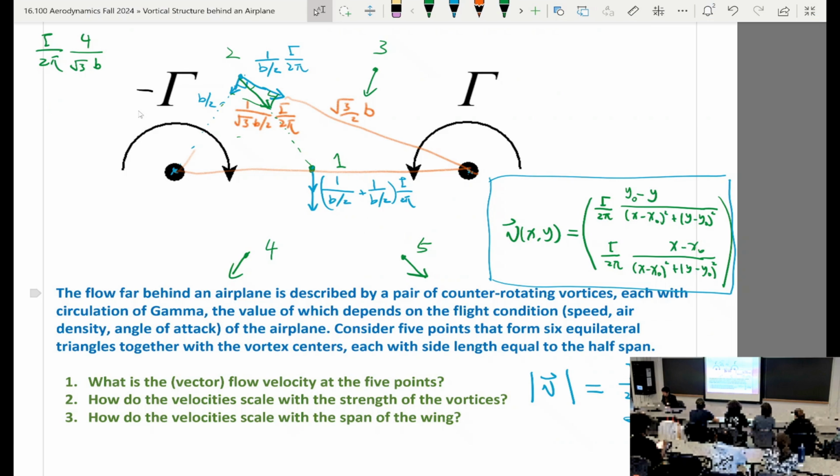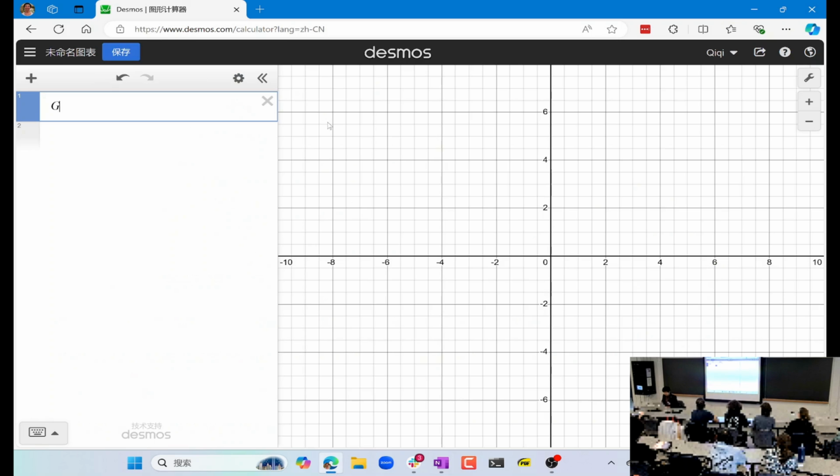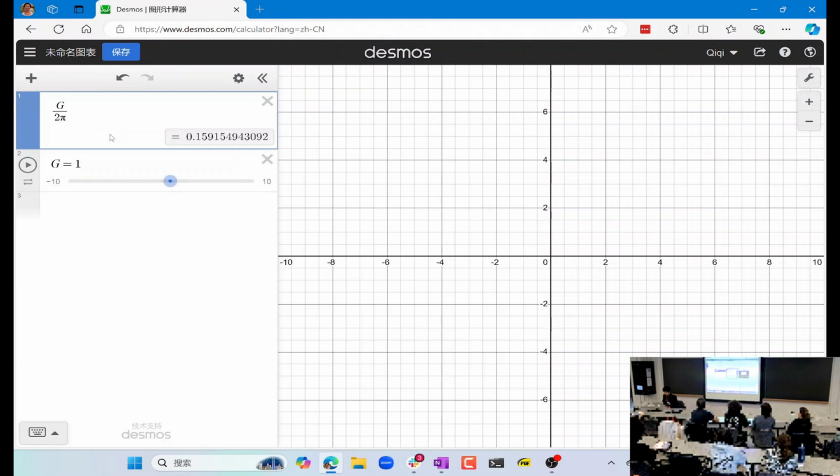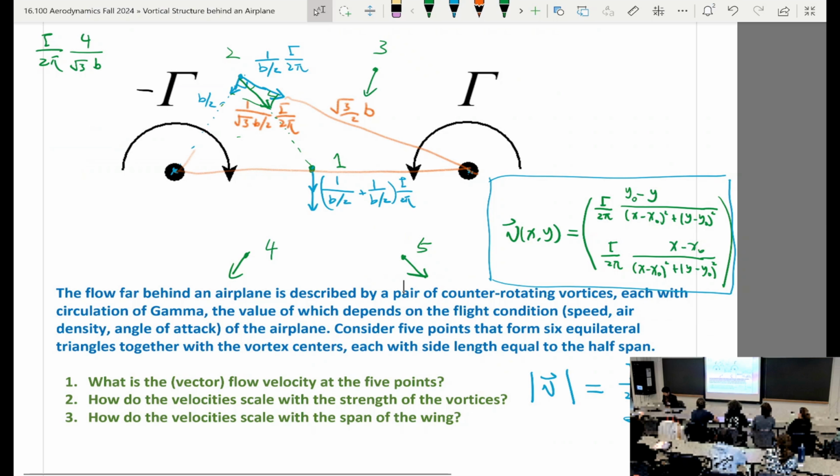We can just write the formula over here. So for example, let's actually focus on the y velocity. We are going to have gamma, well, let me just say g over 2 pi, okay? And we are going to add this gamma as a variable, and the y velocity is x minus x naught.